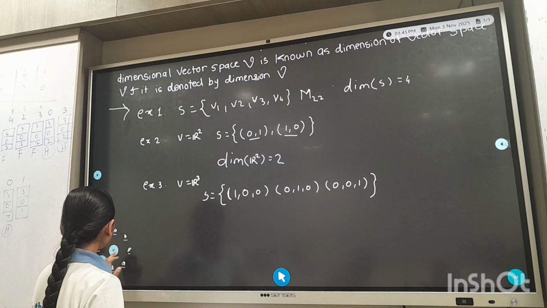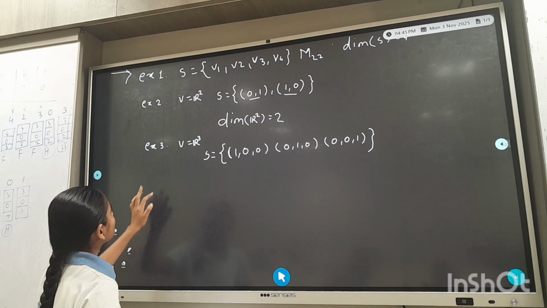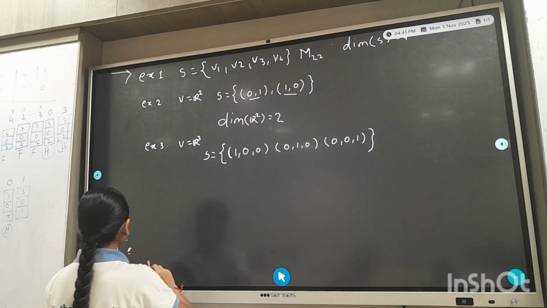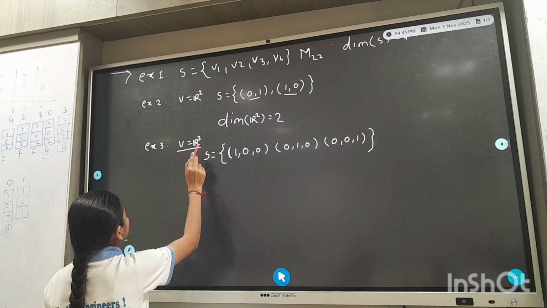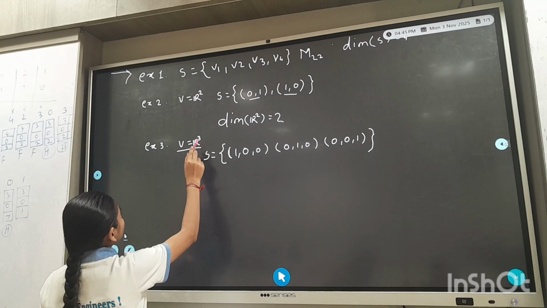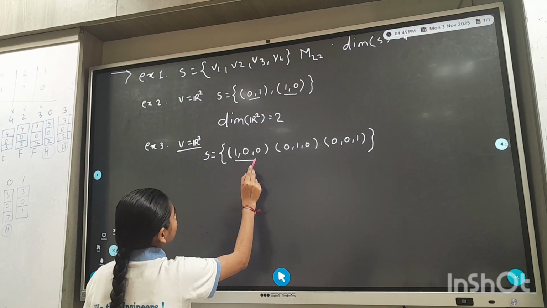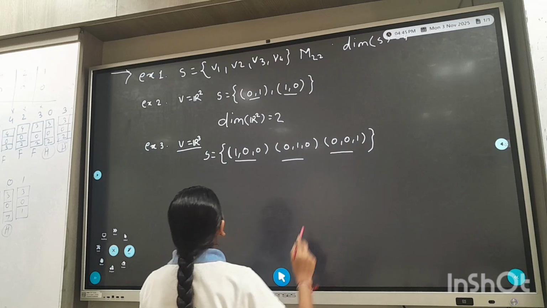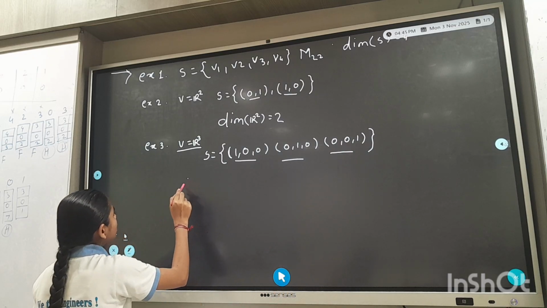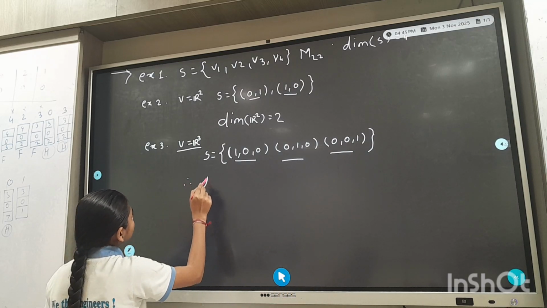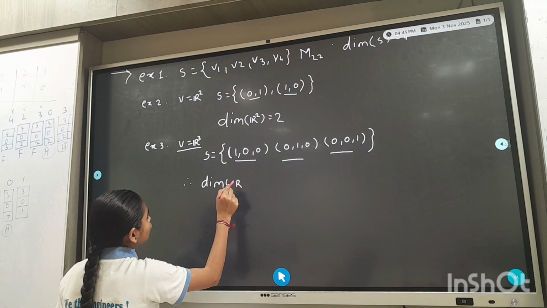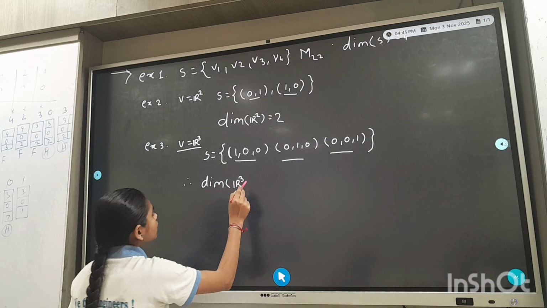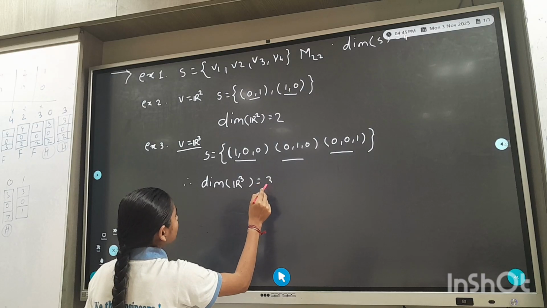So as we see, there are 3 elements of the vector space R cube. So the dimension of R cube is equal to 3.